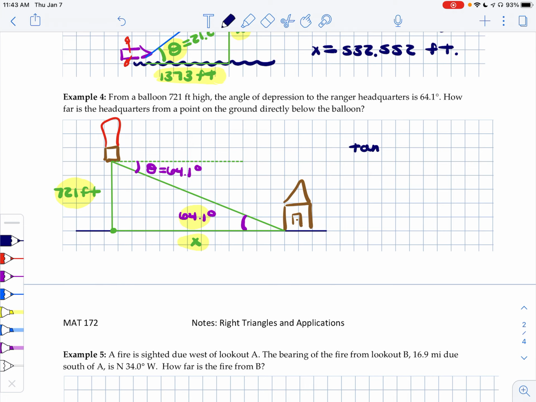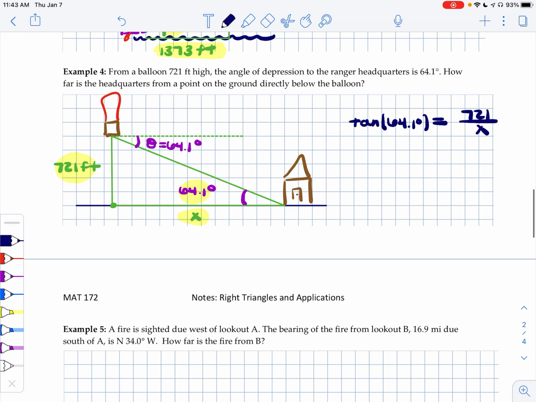So we would have the tangent of 64.1 degrees is equal to opposite over adjacent. And then if we just solve this for X, we would have X is equal to 721 divided by the tangent of 64.1 degrees.